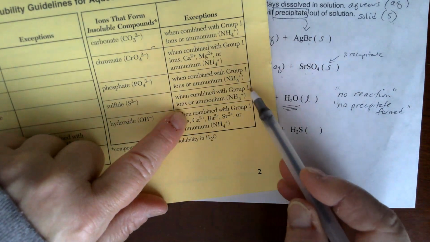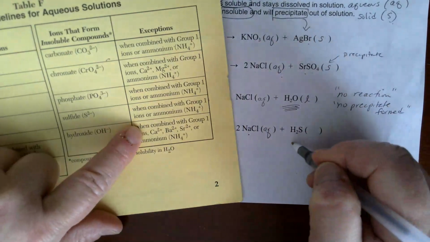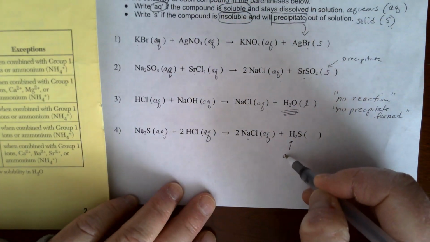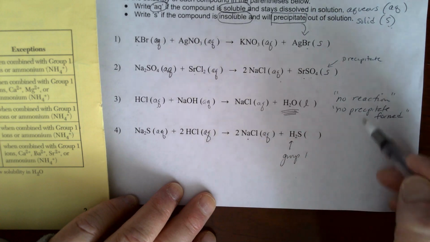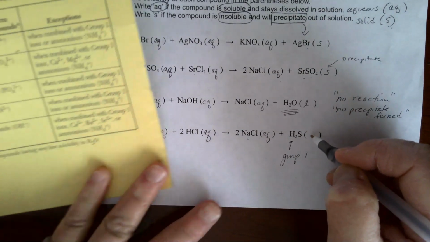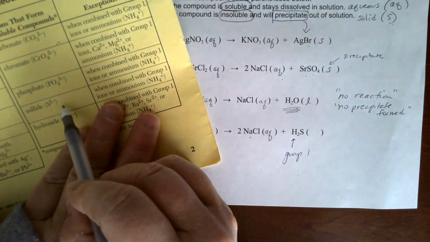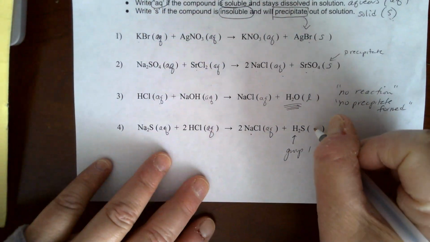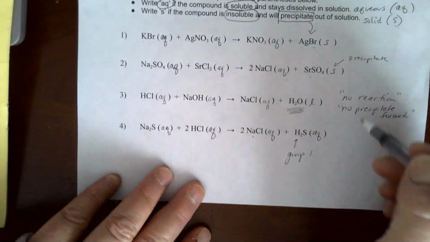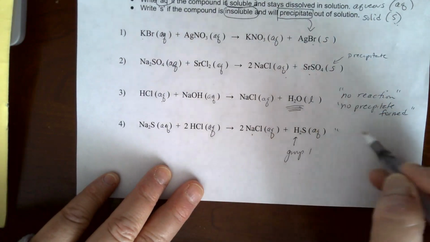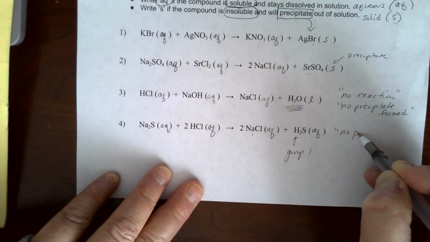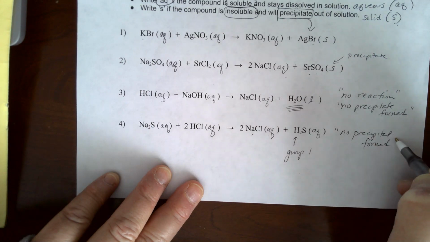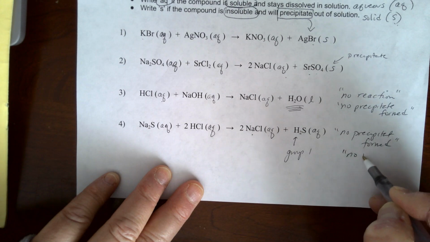Hydrogen's in group 1, so this is an interesting question. Therefore, that is an exception. Sulfides are normally insoluble, but when they're with a group 1 ion, they're going to be aqueous. They're going to stay dissolved. So no precipitate is formed, and we would say no reaction.